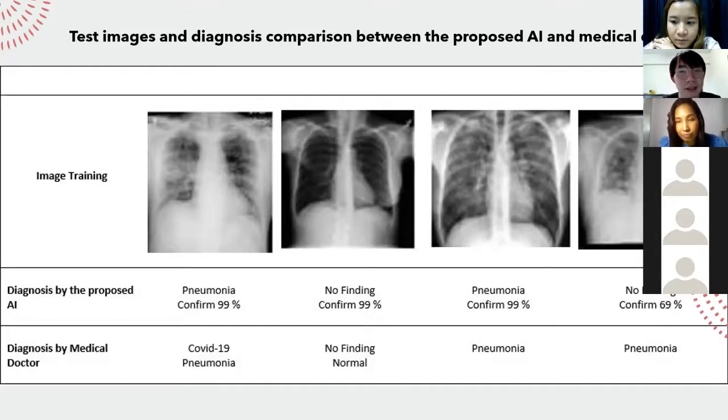So this one is a near result, and the AI may process it wrongly, like a false positive. But if we have more sample cases, like more X-rays, that will give knowledge to the AI, and then it may be more accurate and decrease the false positives. All right, thank you. Thank you.